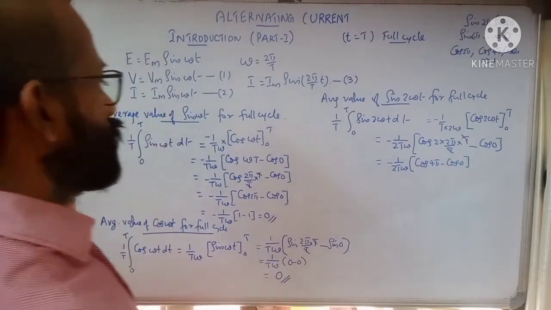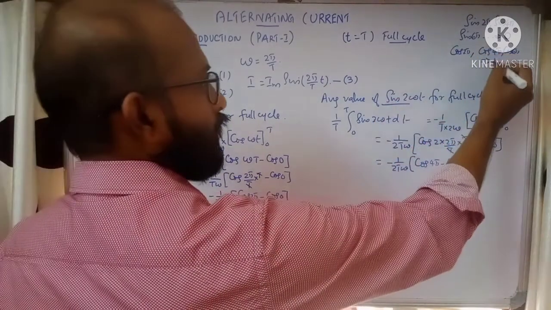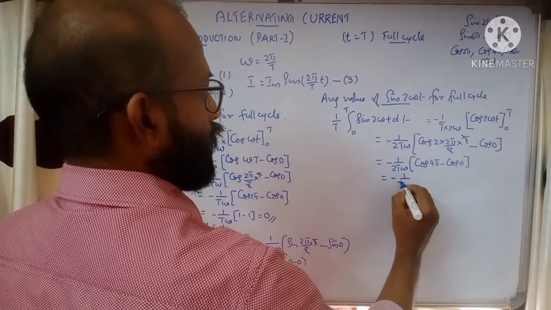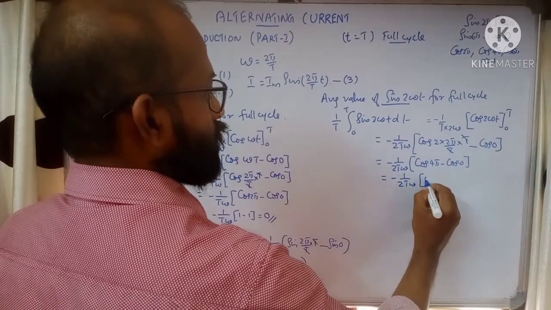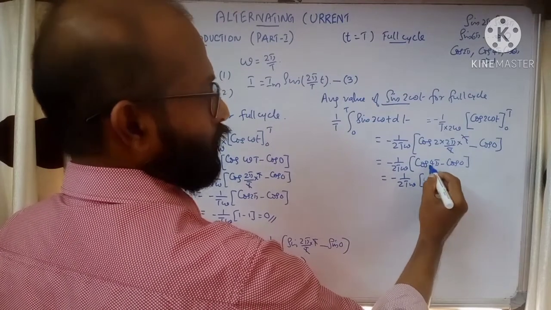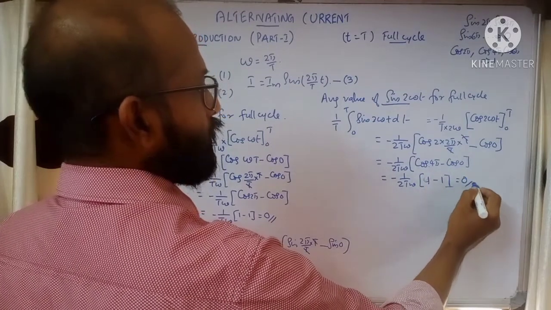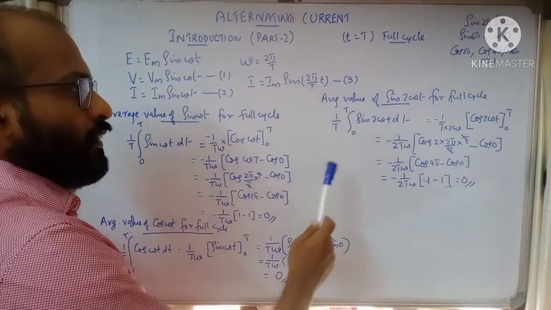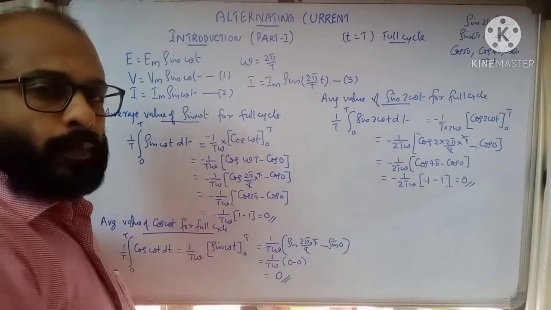What is cos 4 pi? Cos 4 pi also has a value 1. Cos 0 also has a value 1. You will get minus 1 by 2 T omega into 1 minus 1, which is again 0. So the average value of sine 2 omega t for a full cycle also will be 0.